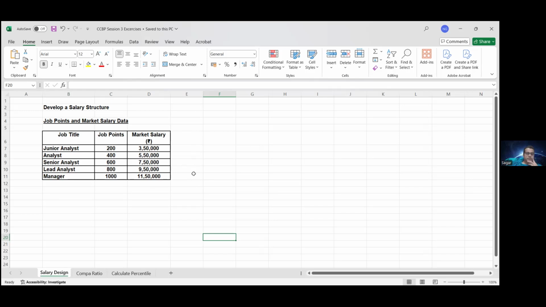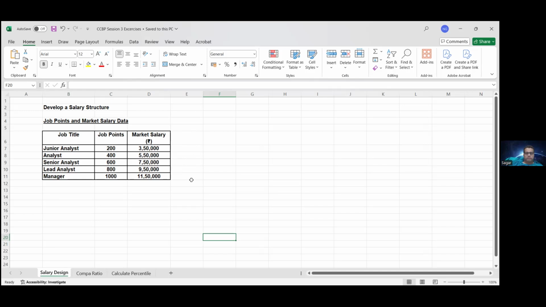Pay line salary is the salary through regression. It is the 50th percentile, the midpoint, aligned with the market data. When you do a regression with job points and market salary, it throws up your pay line salary, and that is your midpoint.